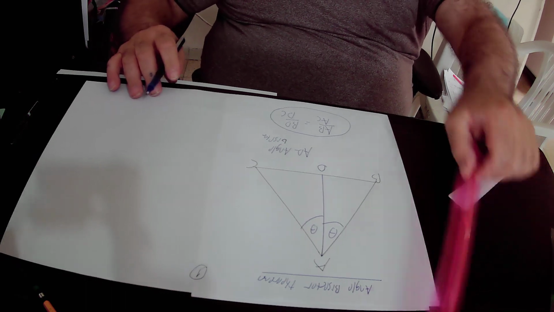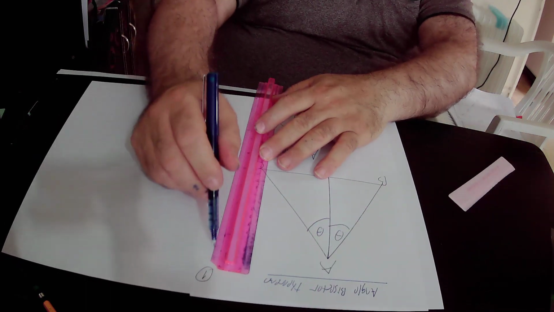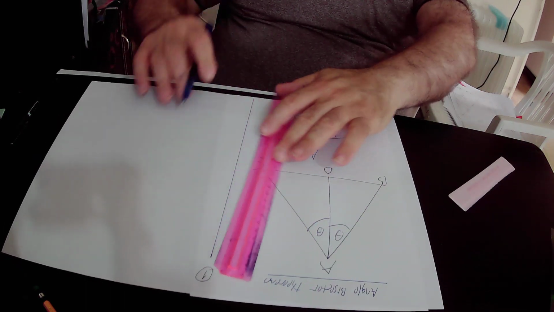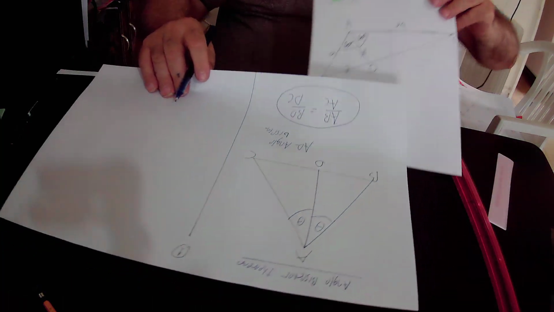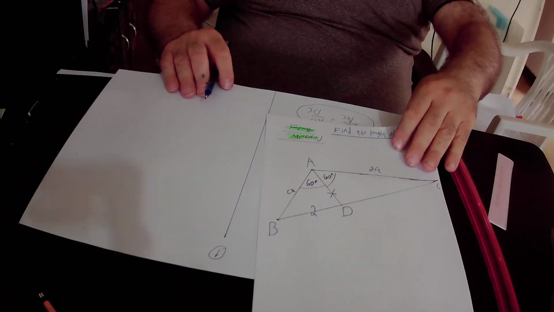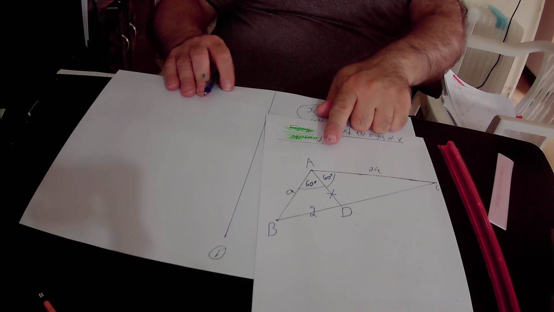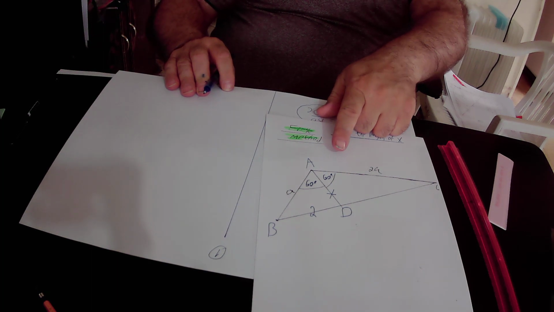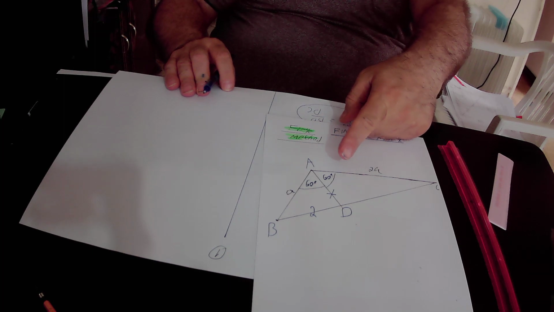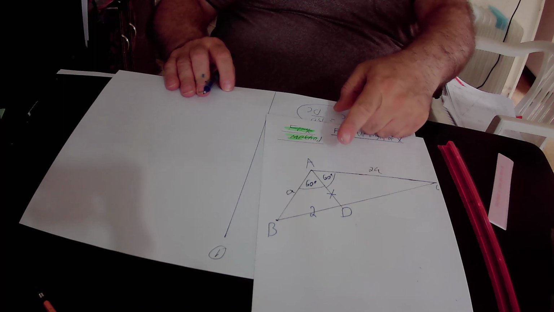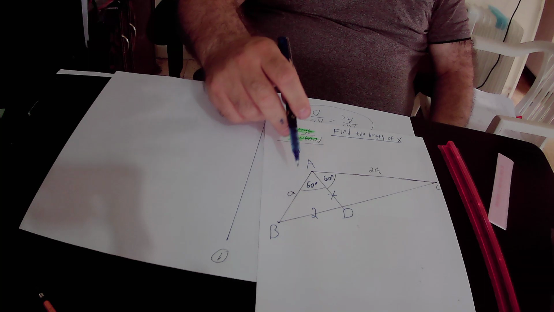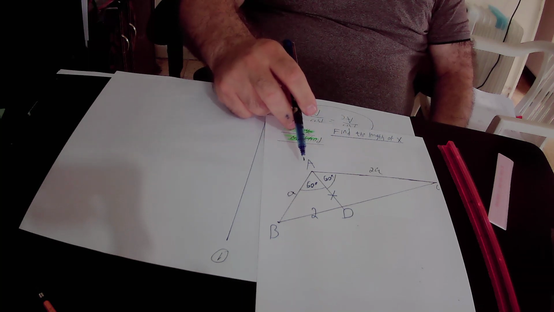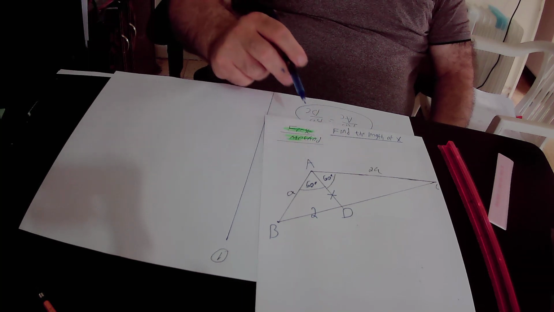So actually we can implement rule number 1 in our drawing, because in our drawing we have triangle ABC. In triangle ABC, AD is the angle bisector because it divides angle BAC into two halves. Each half equals 60 degrees.